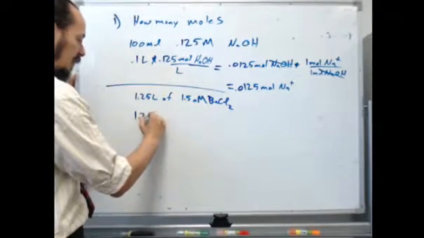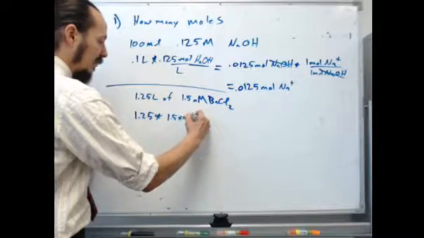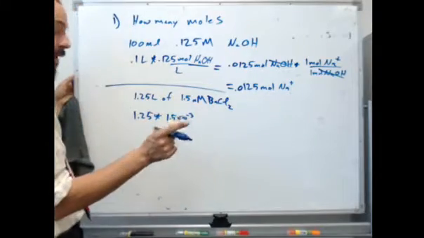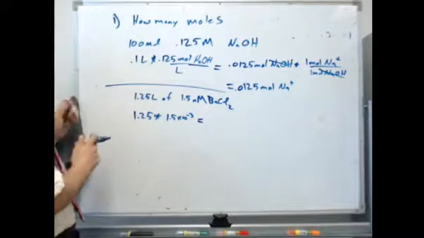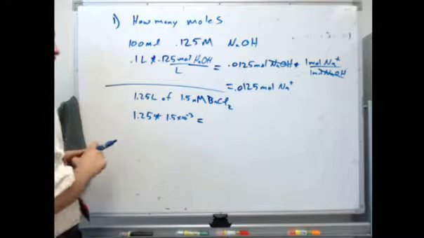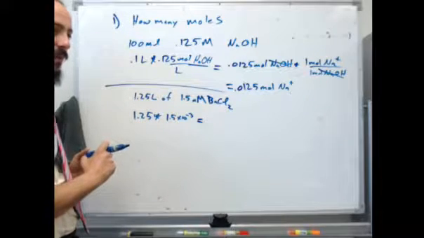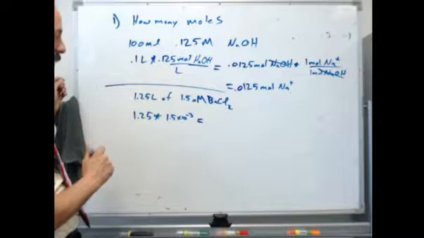We're going to do 1.25 times 1.5 times 10 to the minus 3. That takes care of the milli. Don't forget the times 10 to the minus 3. That is going to give us, if I could do math in my head, something like 1.75, 1.8. Am I even close?